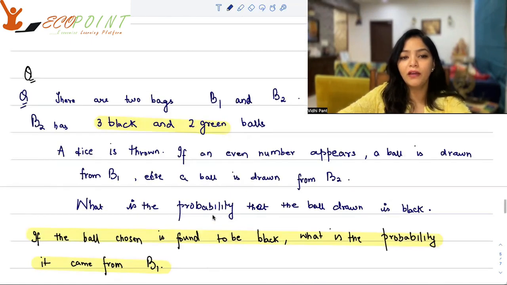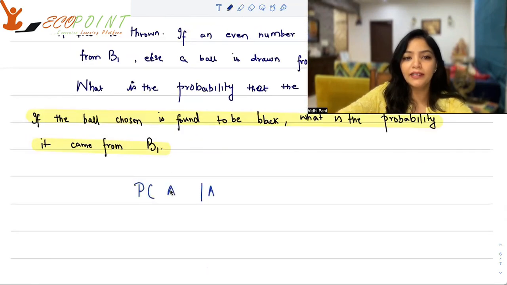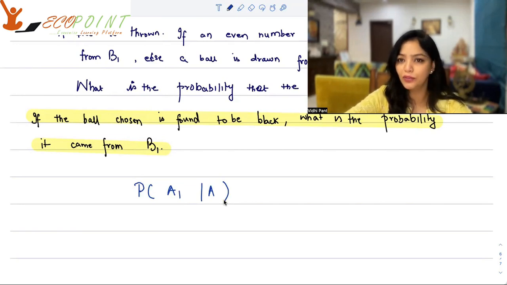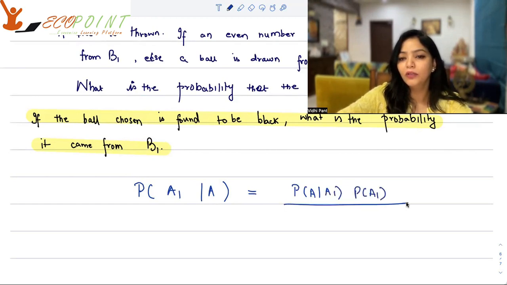We are to find the probability that it came from A1. Because when A1 occurs, you use bag 1 to take this ball. So this will be equal to probability of A given A1 into probability of A1, whole thing upon probability A.